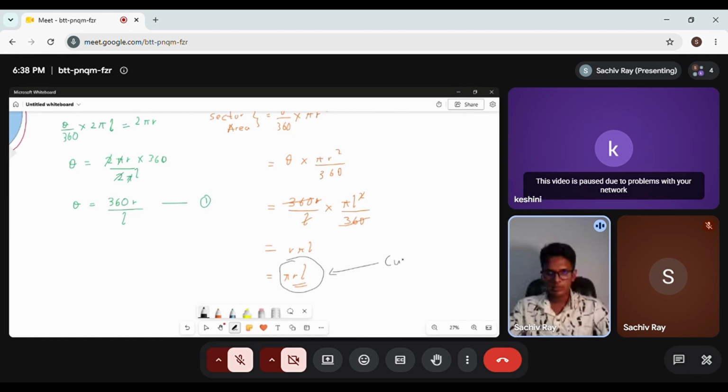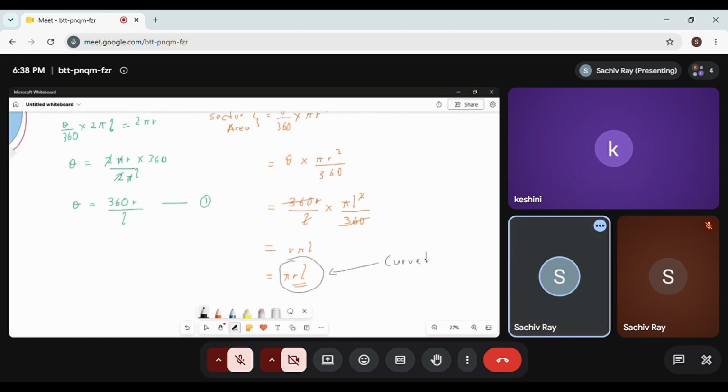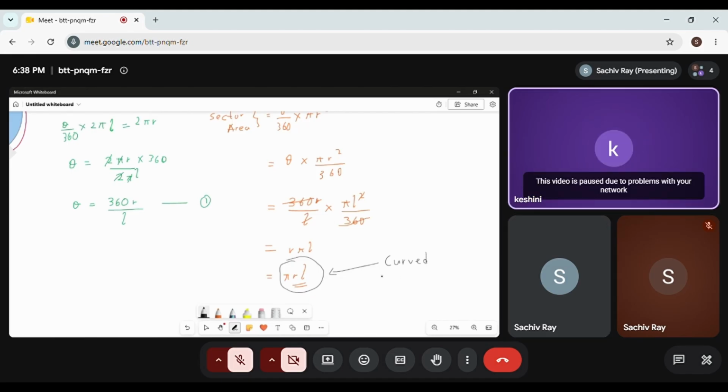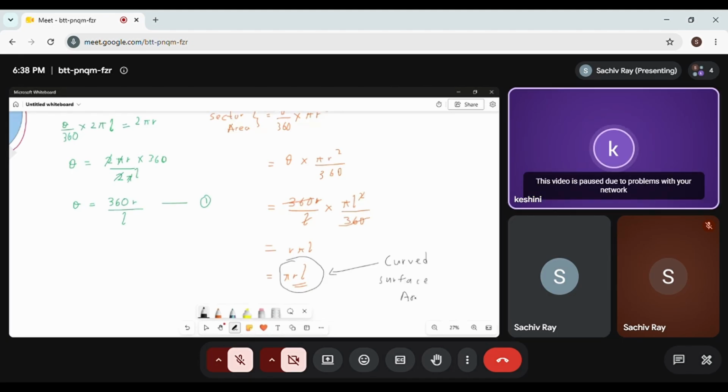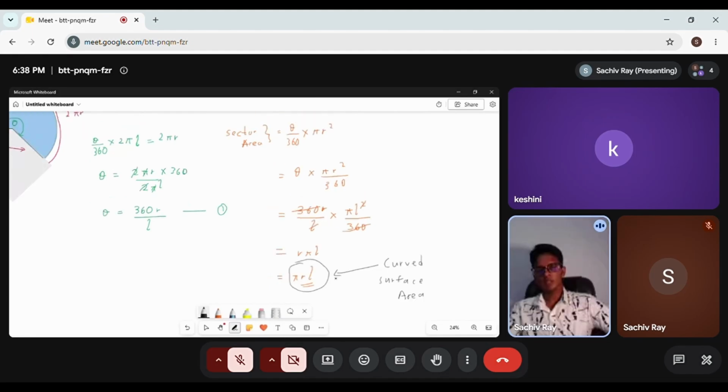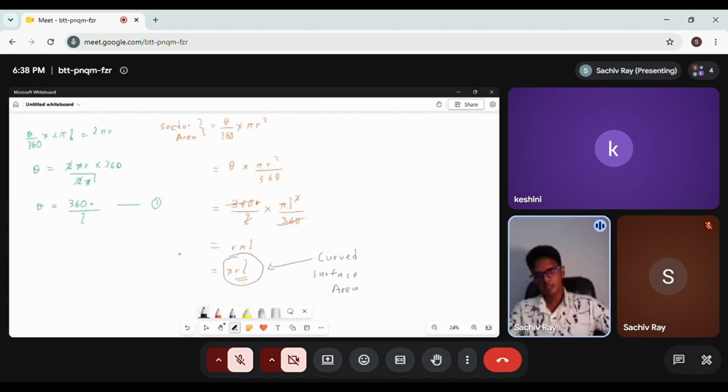So we'll call it the curved surface area. Are you clear? Did you understand that? Any doubts? Oh, so it's clear. It's clear, right? So now that's the curved surface area.